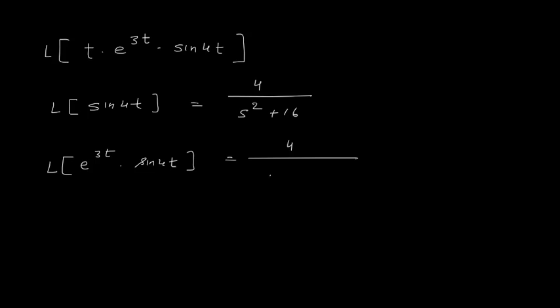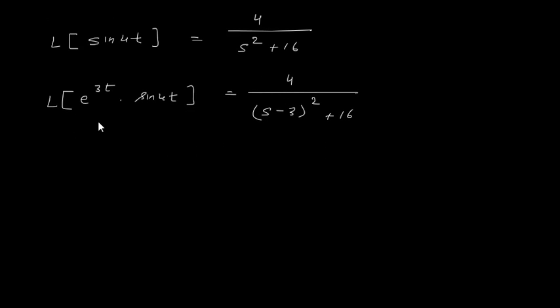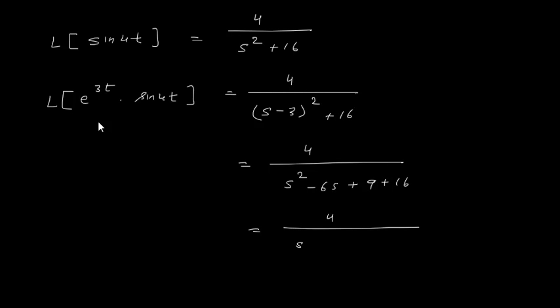So it becomes 4 upon s minus 3 the whole square plus 16. Now I can expand this at this stage: 4 upon s square minus 6s plus 9 plus 16, that gives 4 upon s square minus 6s plus 25.